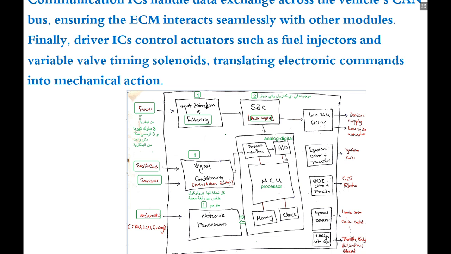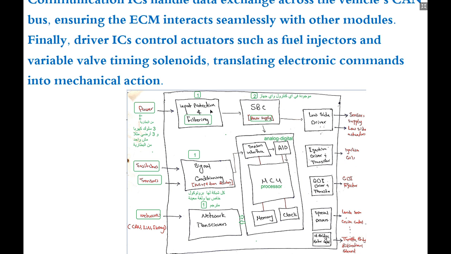I can take some voltage from the relay if I would like to power heavy components, or components that take more voltage. The second input is the switches and the sensors, and the third one is the networks, such as CAN and LAN. There are a lot of networks.